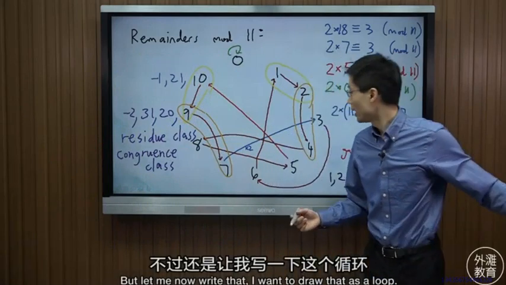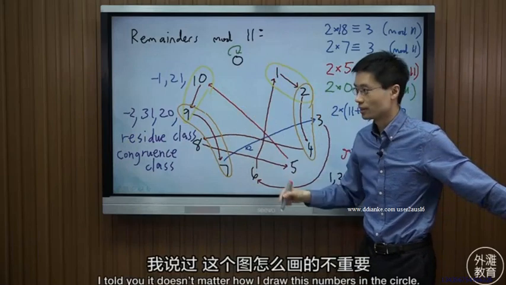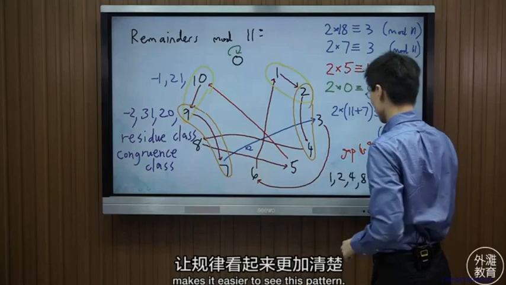I want to draw that as a loop. I told you it doesn't matter how I draw these numbers in the circle. I can draw them in another way that makes it easier to see this pattern.